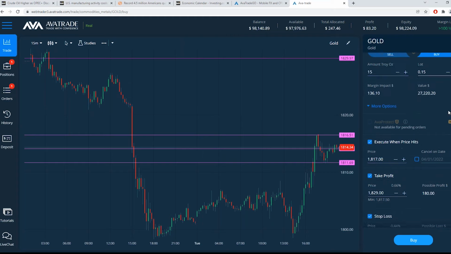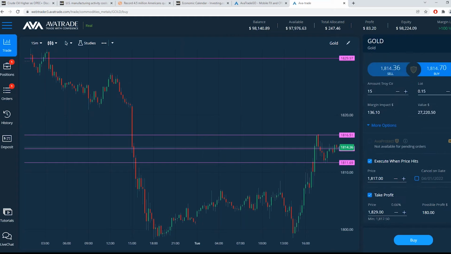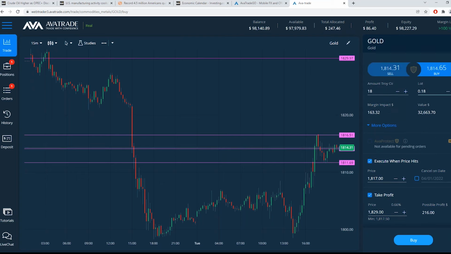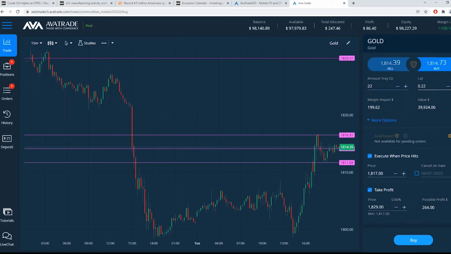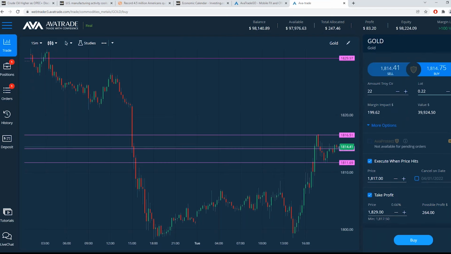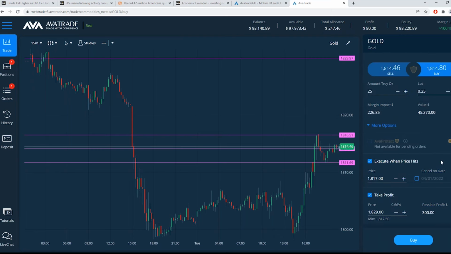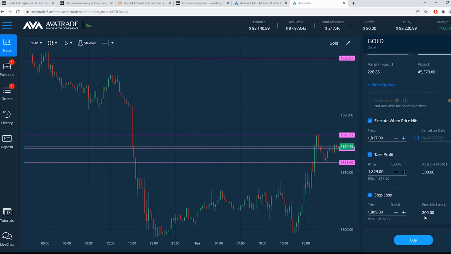Okay, there's risk of 120, 144, 176, 184, 192, and there we are. Quarter of a lot, 0.25. I'm risking exactly 200 with a potential profit of 300.